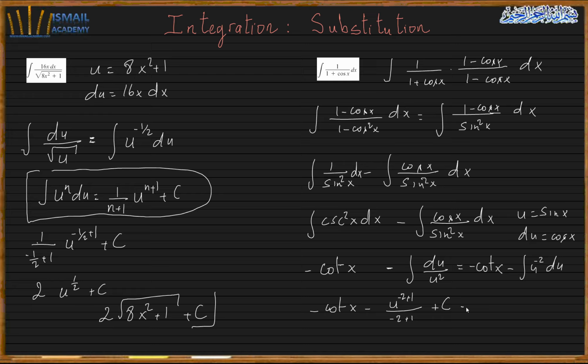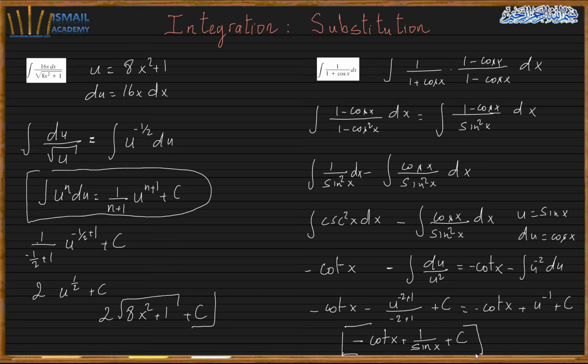So here it's going to be the same thing as minus cotangent x, and this is minus 1 and minus becomes positive, so u to the minus 1 plus c, which is 1 over u. 1 over u in fact is 1 over sine. So it's going to be minus cotangent x plus 1 over sine x plus c. You can change it to cosecant if you want.